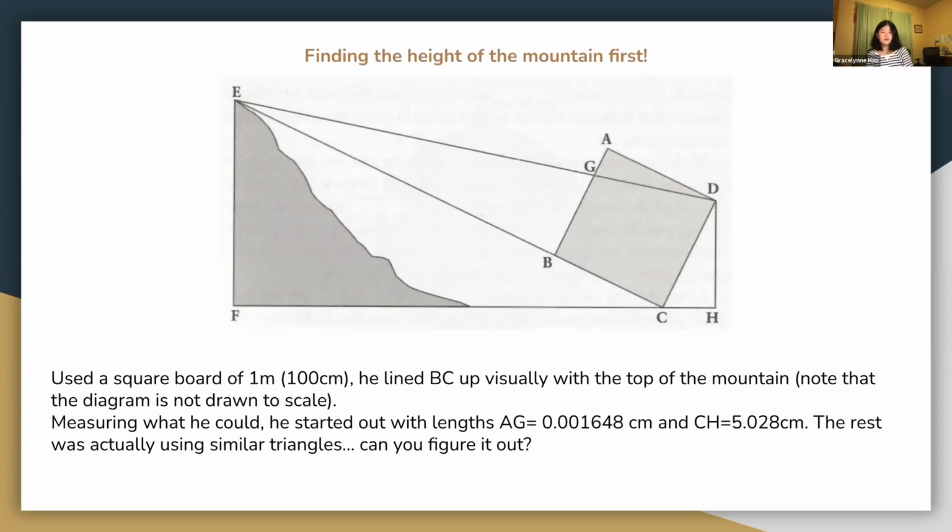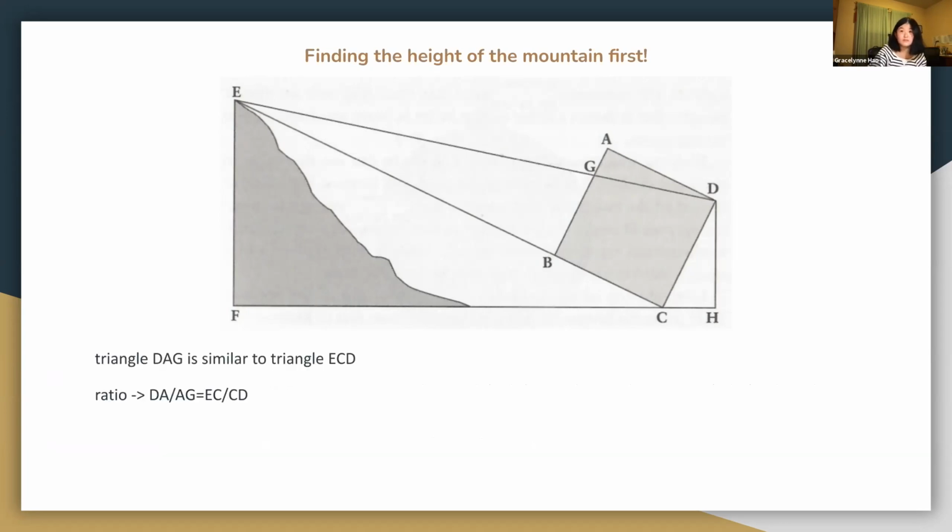Okay, yeah. Congrats to people who did send me answers privately. You all did point out the similar triangles that we will eventually end up using, but I will start explaining now. First, we have that triangle DAG is similar to triangle ECD.